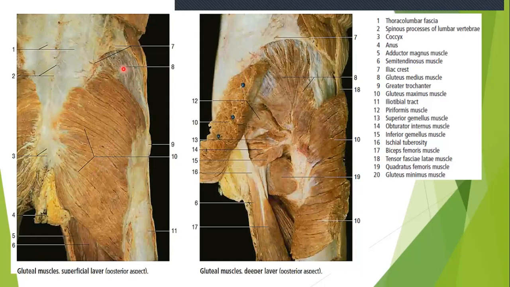It is covered by this aponeurosis. This is the gluteal aponeurosis. It covers the Gluteus Medius. It has been exposed. So there it is. Then Gluteus minimus will be deep to this Gluteus Medius. That is where you find your Gluteus minimus. So let's move on.